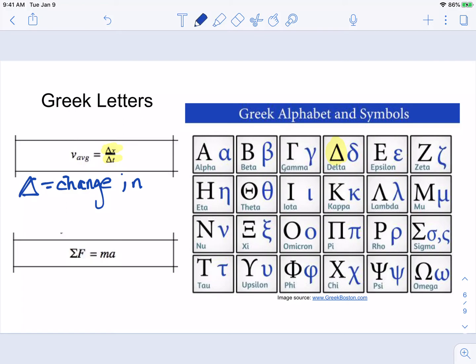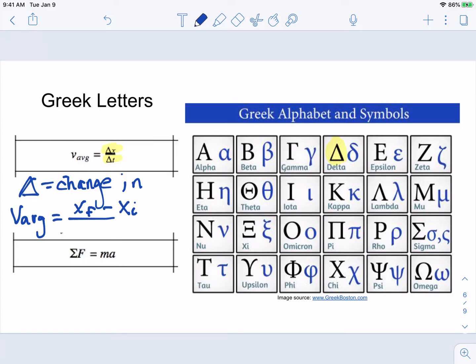What this equation is really saying, remember I told you avg means average, is that the average velocity is equal to the change in x, or the change in position. That means take the final position, see how I put the little f, the subscript for final, minus the initial position, with the little i standing for initial. So delta x is the same as saying xf minus xi. It's the change in the x's.